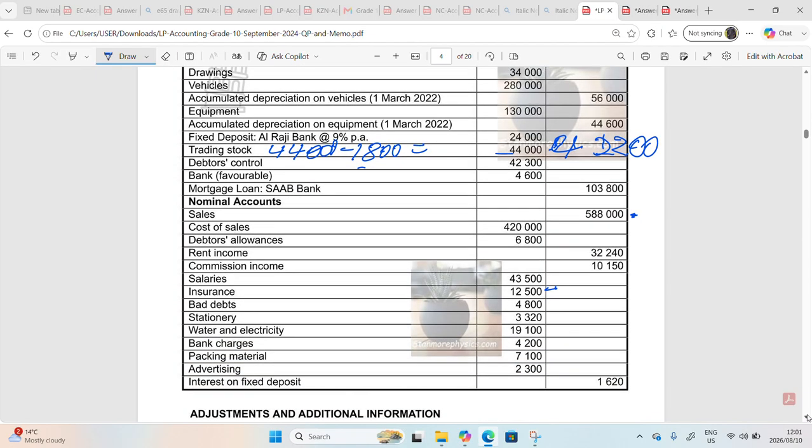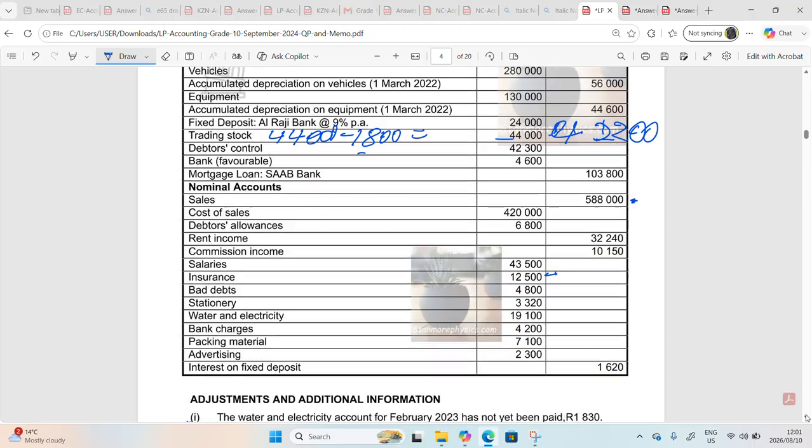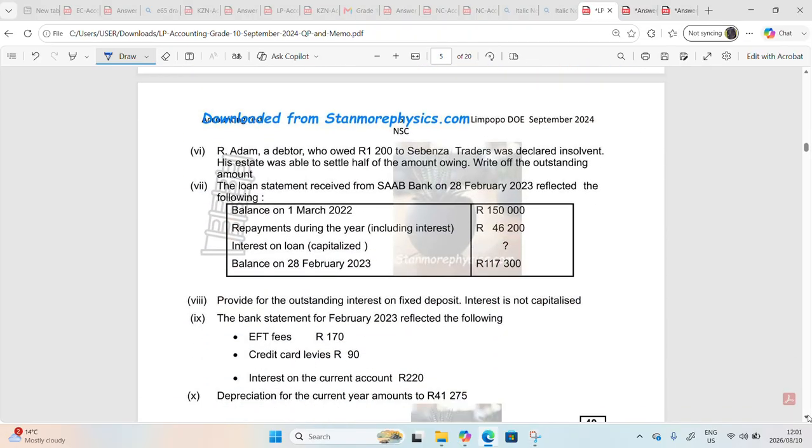What else do we have? We have bank charges. Bank charges 4,200, and there's additional information where we're told that the bank statement for February 2023 reflected the following: EFT fees, credit card fees, and also interest on current account. Interest on current account will be recorded under interest income, and I will explain why later on.